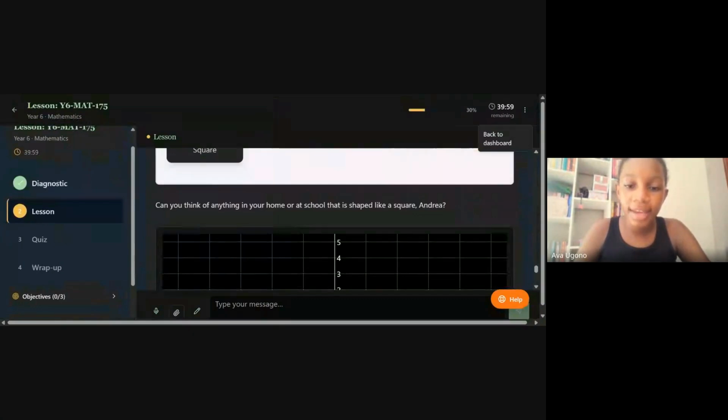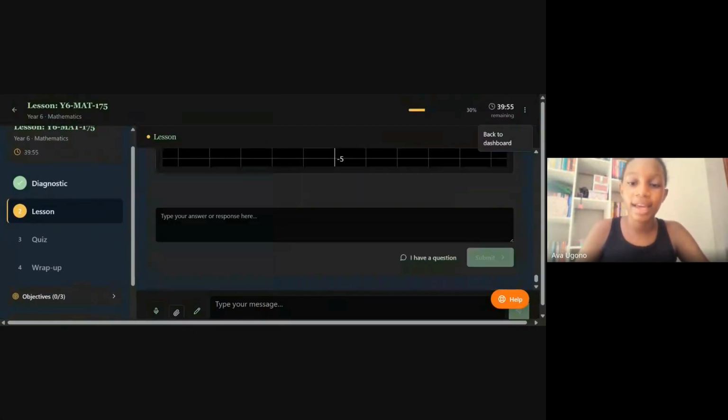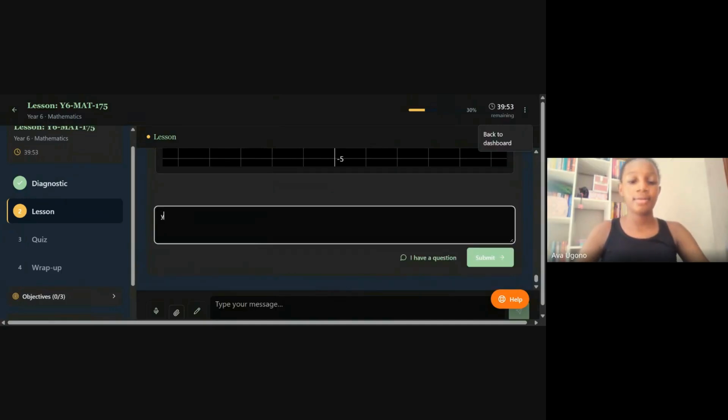Now it's asking me, can I think of anything in my home or at school that is shaped like a square? Yes. I have a hand mirror that is shaped like a square.